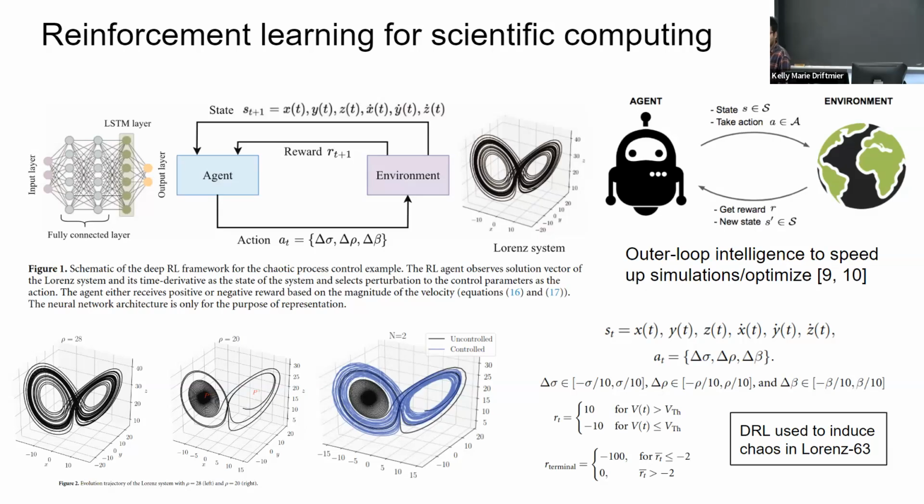Each time step, my reinforcement learning agent would look at the state, look at the derivative of the state, and based on this information, it would then apply a perturbation of delta something to the parameters. And then the numerical solver would take one step, and then it would apply another perturbation.